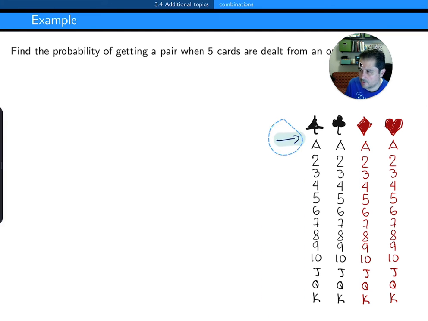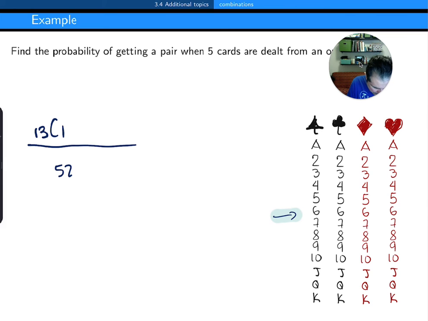So the first thing we know now is 13C1 for the denomination, and in the denominator, of course, it's 52C5 always. So this is picking the denomination for the pair. Once you've picked it, then you pick your 2 cards. That's a 4C2. You're picking 2 cards.